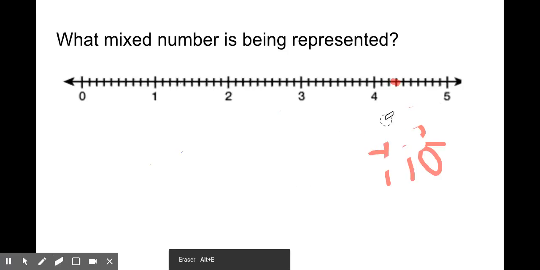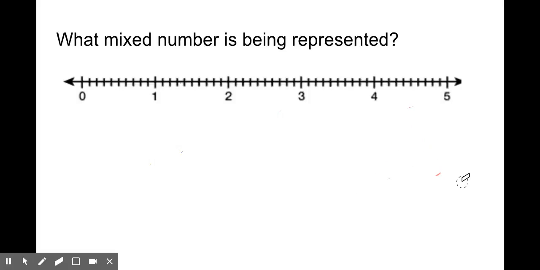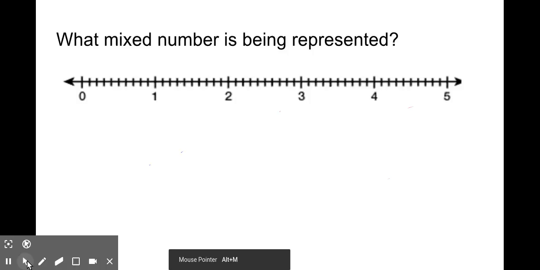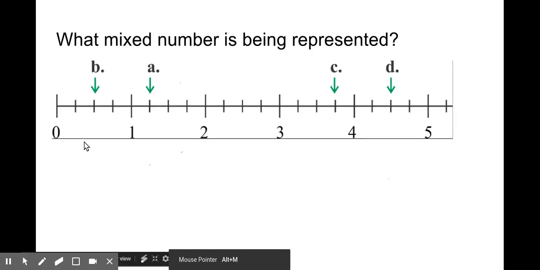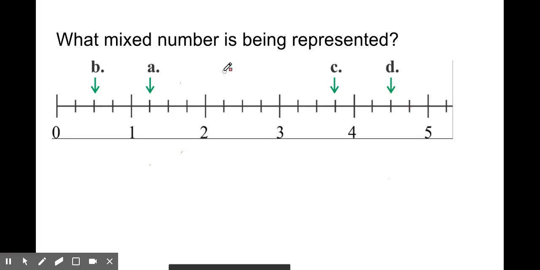So let's look at a new number line and see if we can use our strategy of figuring out how many wholes we have represented and what our fractional part is. See if we can figure out what each of these is going to represent. So I have a B, A, C, and D, and we're going to start with A. Now when I look at A, I notice that it's past 1, but not all the way to 2. So I know that this right here is going to be 1 whole and some fractional part.